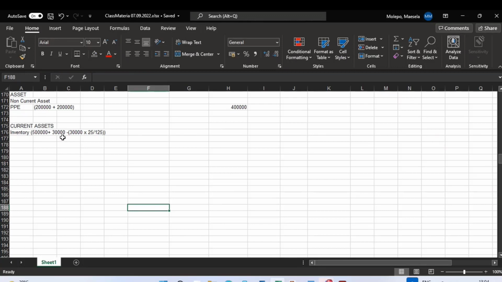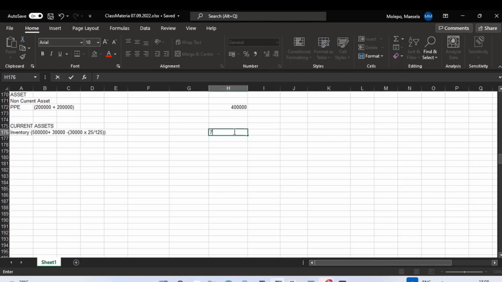So if you didn't sell the inventory, that profit must be removed and deducted. So 30,000 times 25 divided by 125 gives us 6,000. So we'll say 30,000 minus 6,000 plus 50. It gives us 74. Happy?